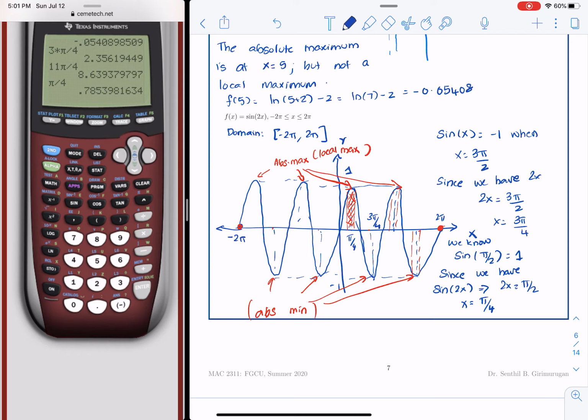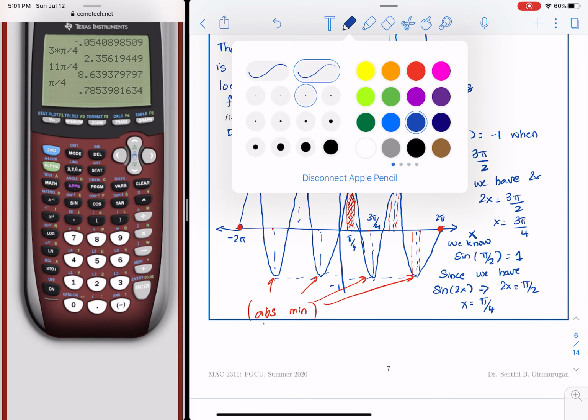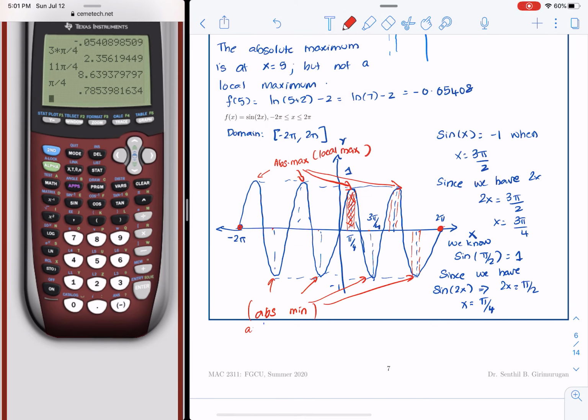So they are absolute minimums, and they're also local minimums because at each of those points we could draw an interval about the value.